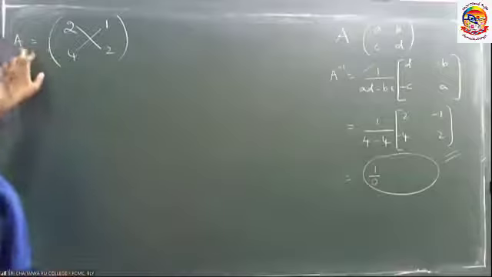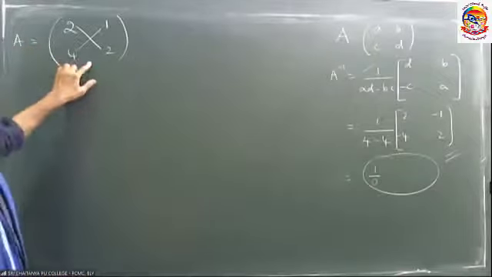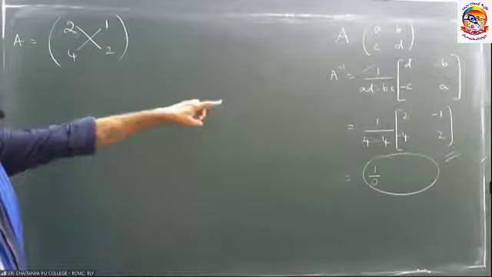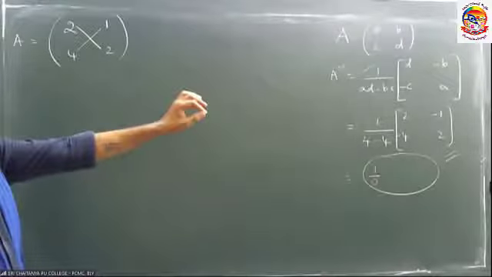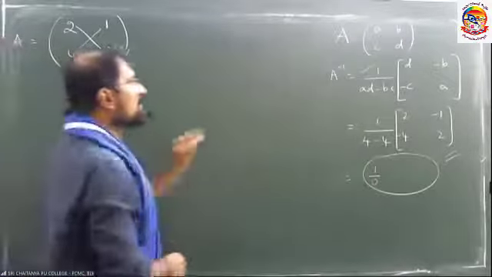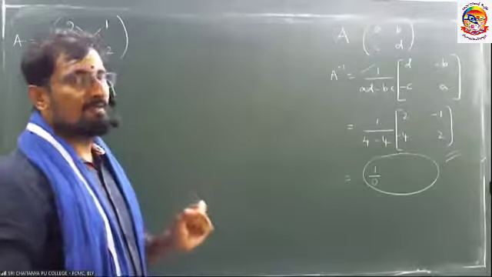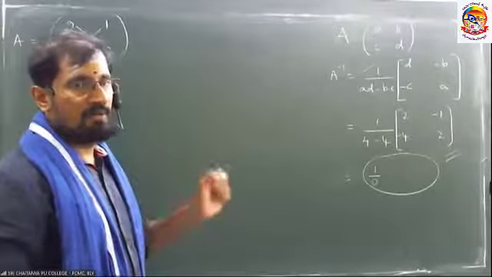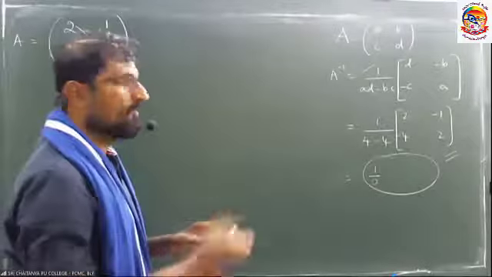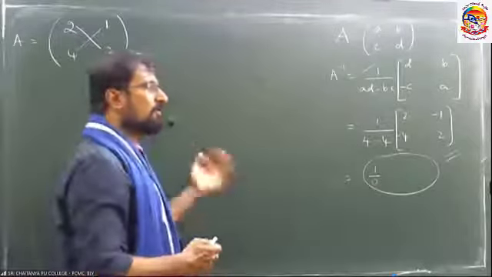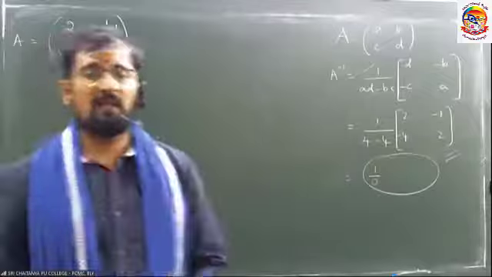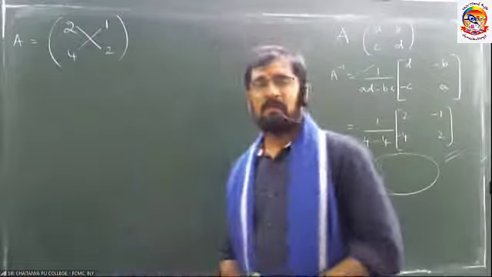Here ad minus bc is equal to 0. That means ad minus bc is nothing but the determinant of A, and determinant of A is equal to 0. Therefore, the inverse does not exist. Over. But now, how to do this problem when it comes to elementary transformations?